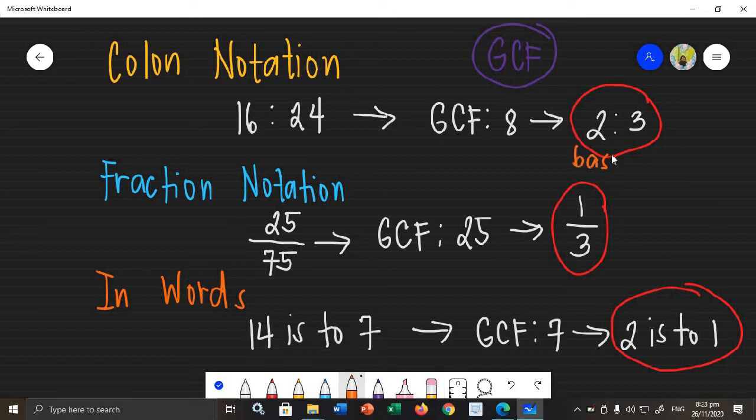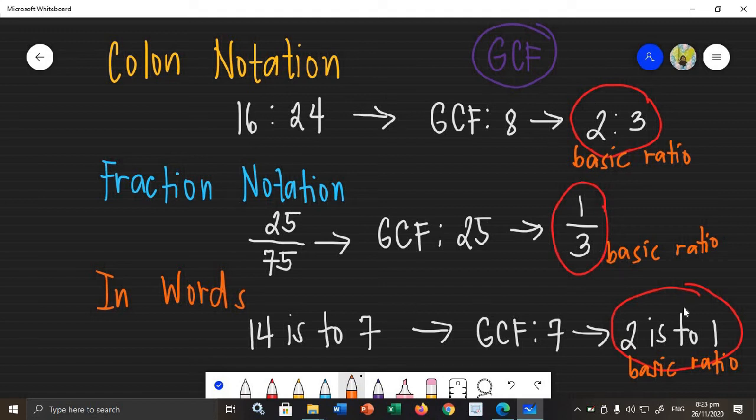Kapag yung ratio na given ay naka-lowest term na. Okay? Basic ratio. Ayan yung basic ratio ng given 1, 2, and 3. Okay? Yung sinolve natin na naka-lowest term.